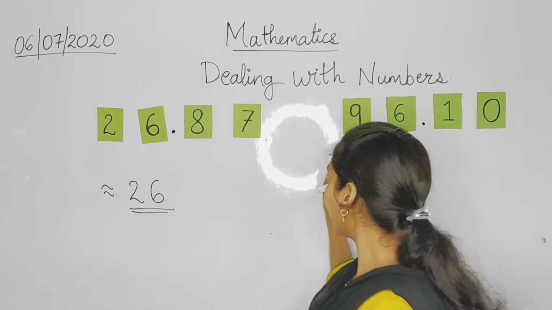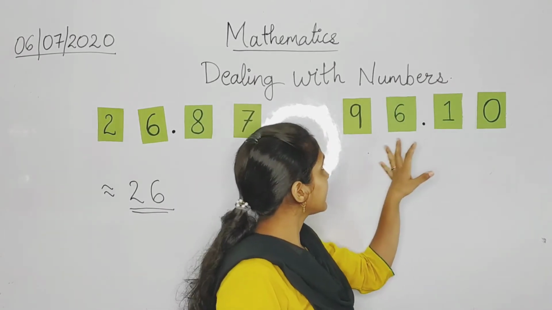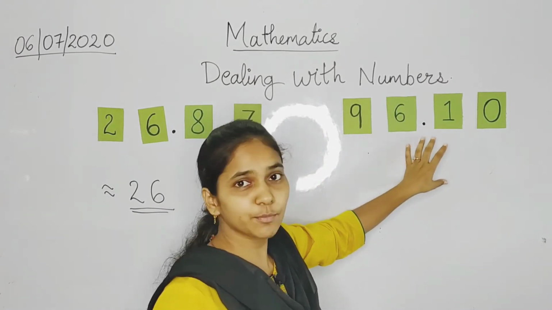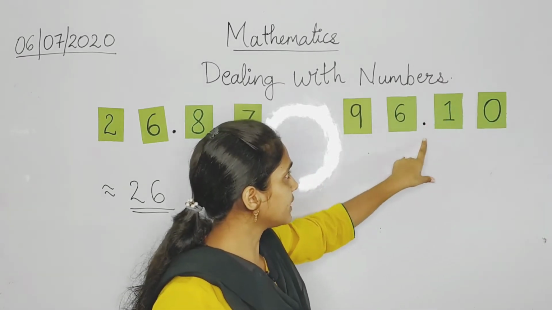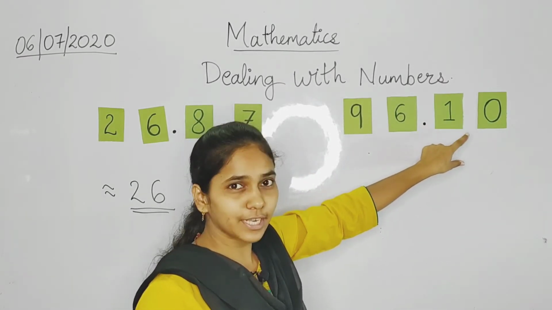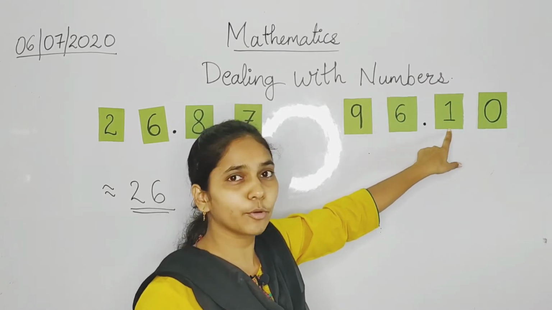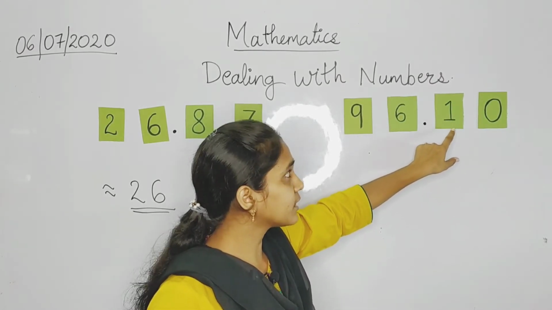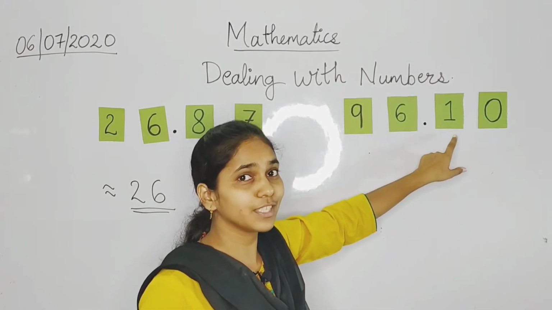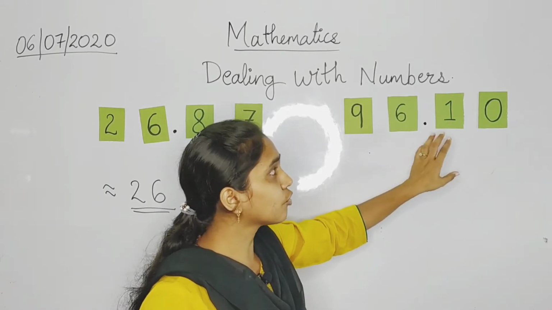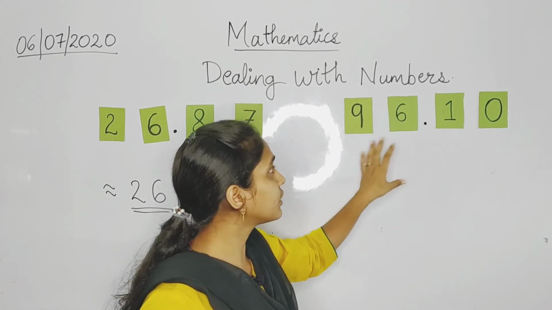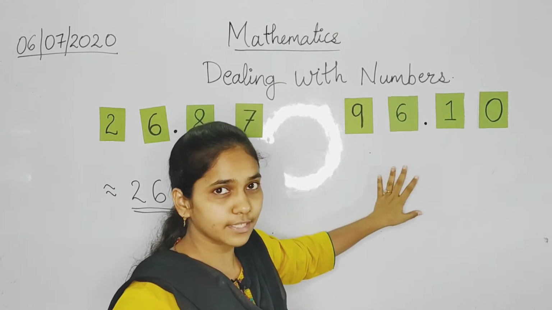Now the second example. Our number is 96.10. First we see the number which is after the decimal point. The number after the decimal point is 1, and this number is not greater than 5, it is less than 5. If the number is not greater than 5, then we keep the before number as it is.